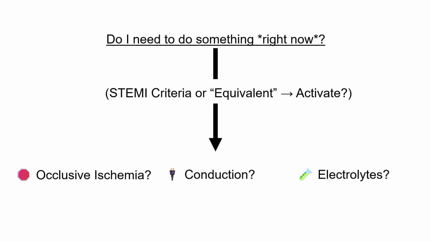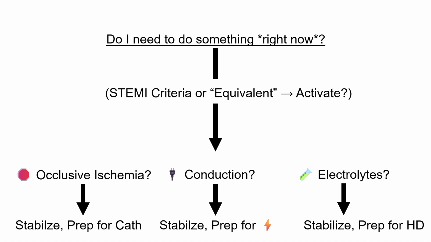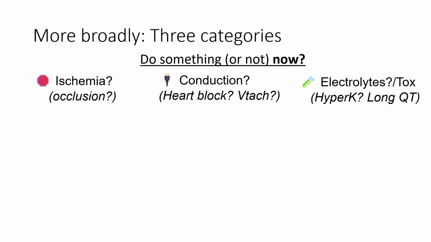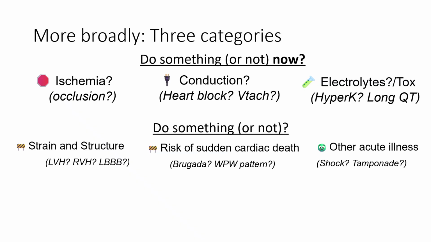Since I said I'll do something, I'll go ahead and clutter up the slide with what we might have to do next in these situations. Beyond the large category of normalish ECGs that we encounter, I think that we can categorize most abnormal ECGs into three broad categories. The do something now category, discussed, comprising ischemia, conduction, and electrolytes, tox. The do something category, comprising strain in structure, risk of sudden cardiac death, and other acute illness.